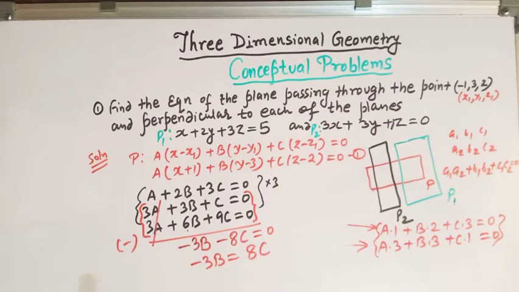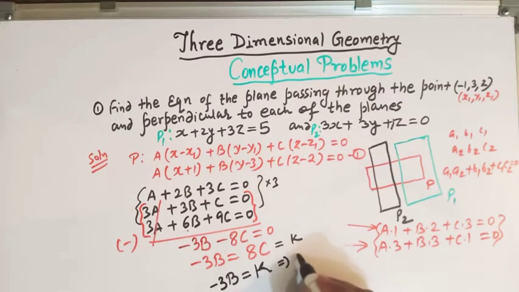Okay, now here we can introduce a parameter, let us say k, right? So minus 3b equal to 8c equal to k. So we can write minus 3b equal to k, so b is minus k by 3. From here 8c is equal to k, so c is equal to k by 8, right?